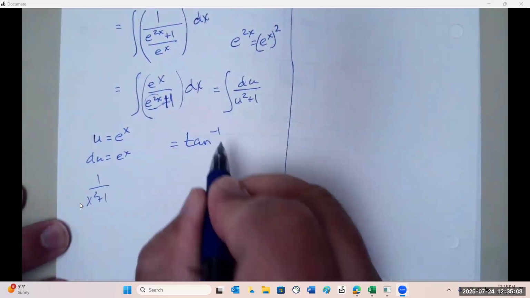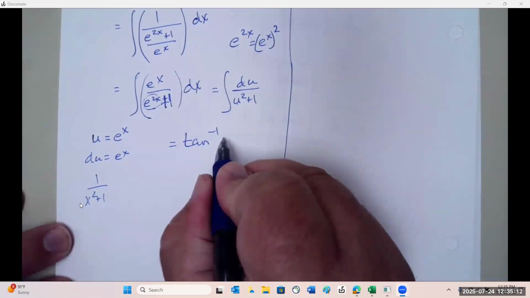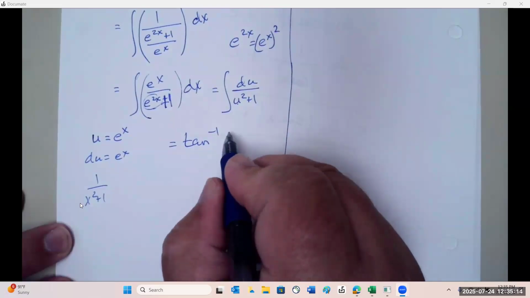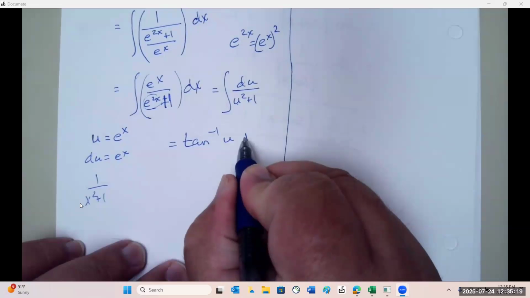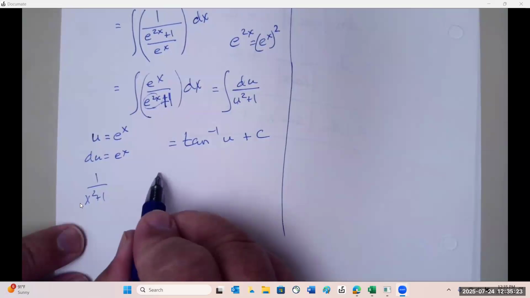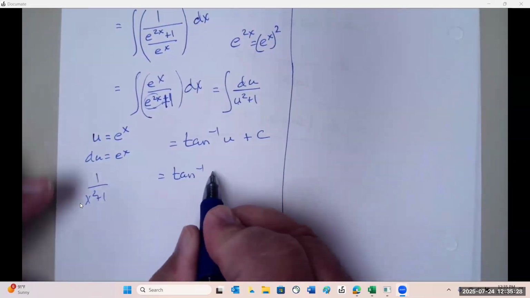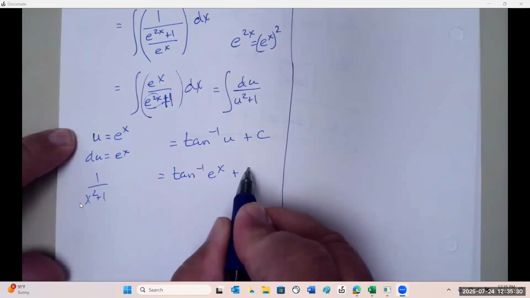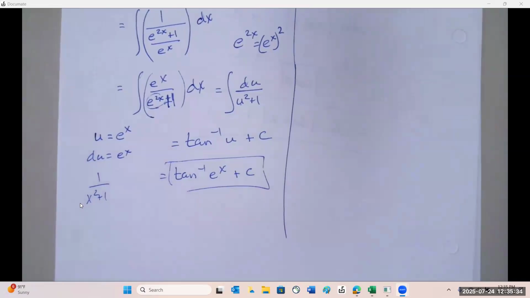The inverse tangent. So it's inverse tangent of u plus c, which is the inverse tangent of e to the power x plus c. Be religious using those cheat sheets.